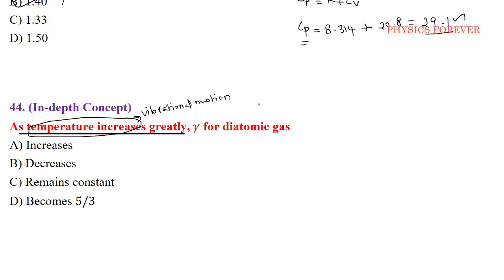With vibrational motion, the degrees of freedom increase, the specific heat capacity at constant volume increases, and the specific heat ratio decreases. So the question asks about the specific heat ratio for diatomic gas, and option B, decreases, is correct. It is the same question but asked indirectly. The same concept was discussed in the previous question, but here it is asked indirectly.